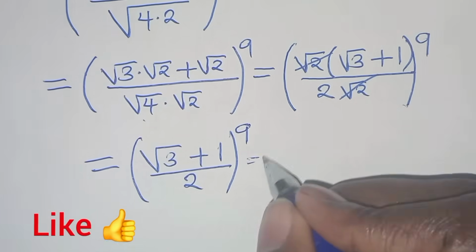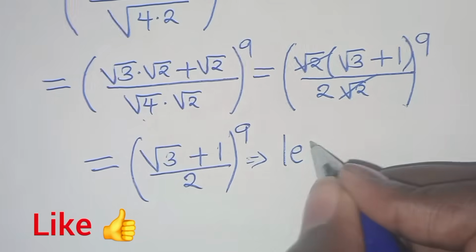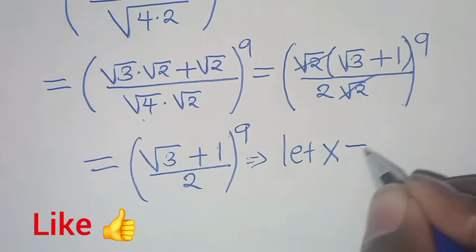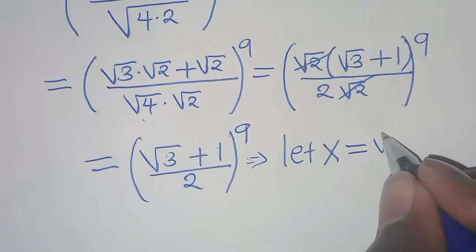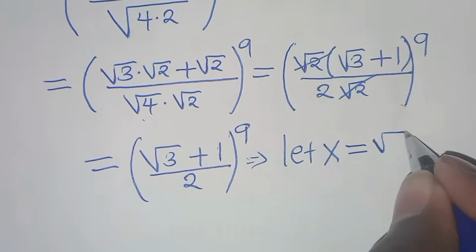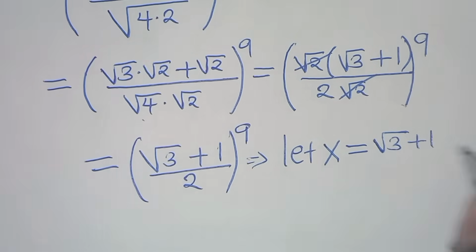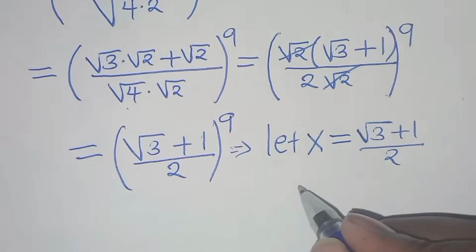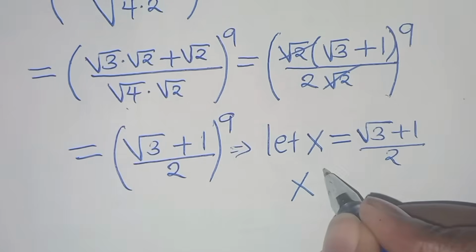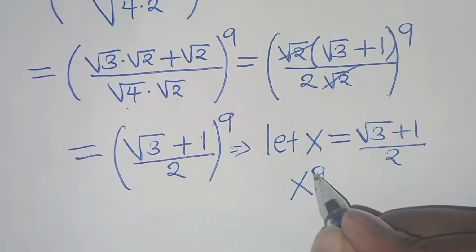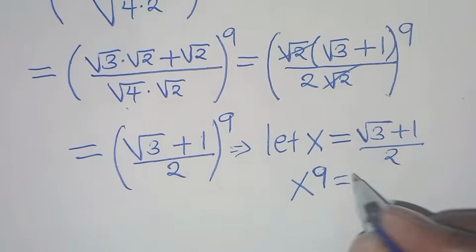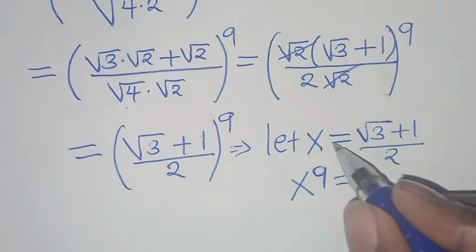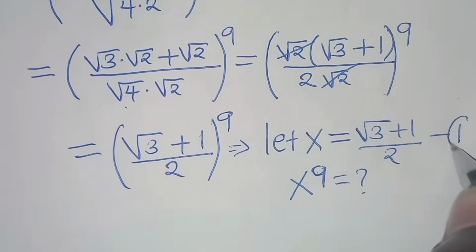So from here, let x be equal to (√3 + 1) / 2. The question here is, what is the value of x to the power of 9? Let's call this equation 1.